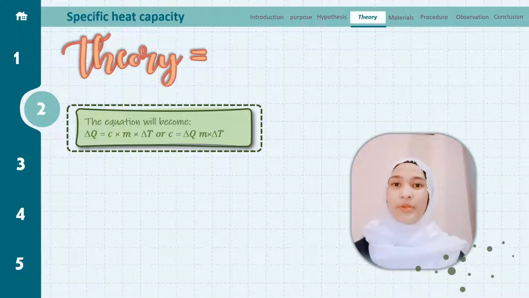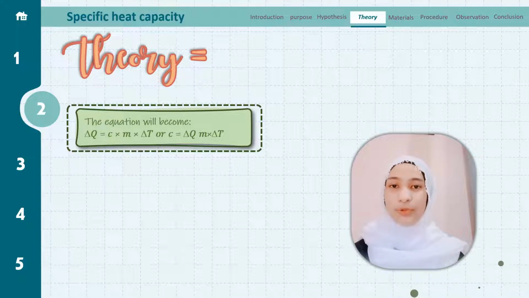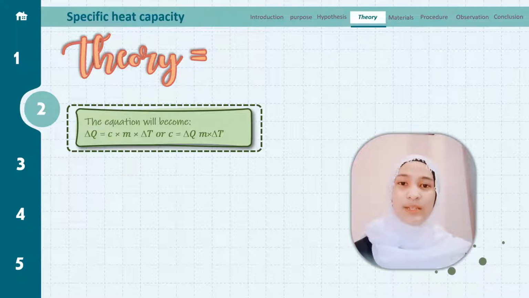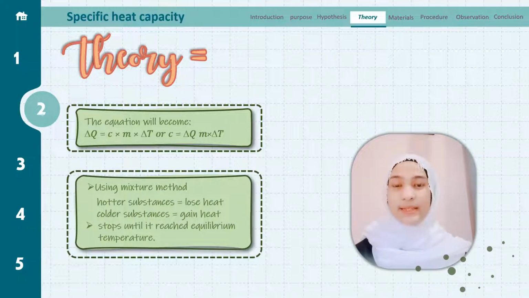By measuring the temperature change of a given mass of substance produced by a quantity of heat, the heat capacity of a calorimeter and the specific heat of a substance can be determined experimentally. This procedure that uses a calorimeter is known as the mixture method.